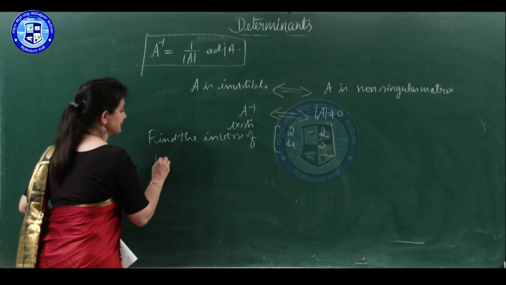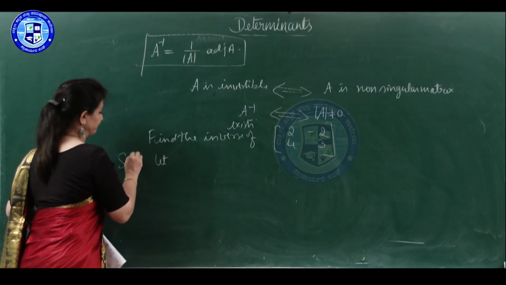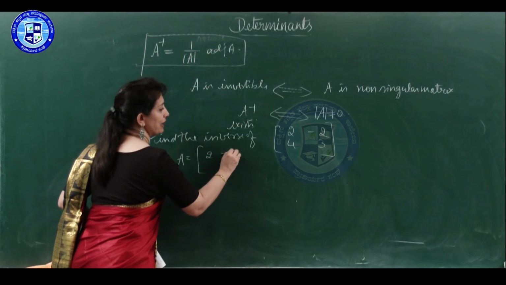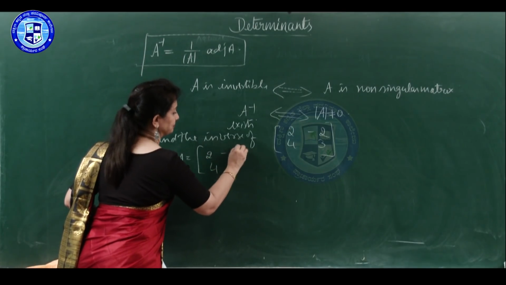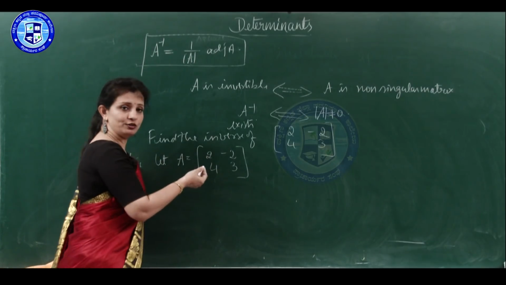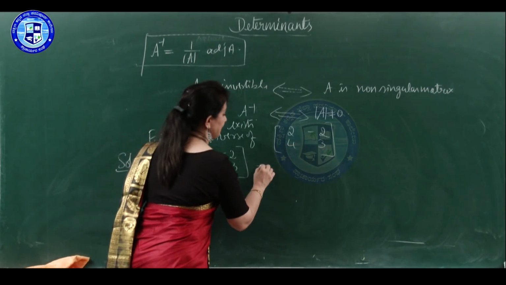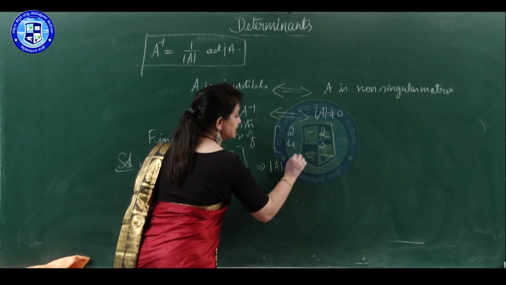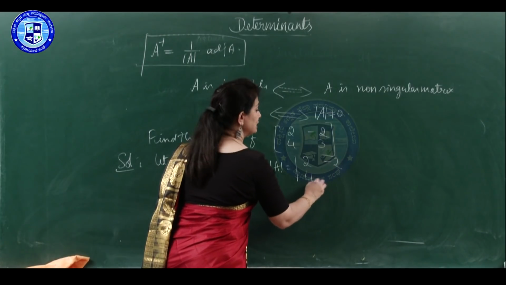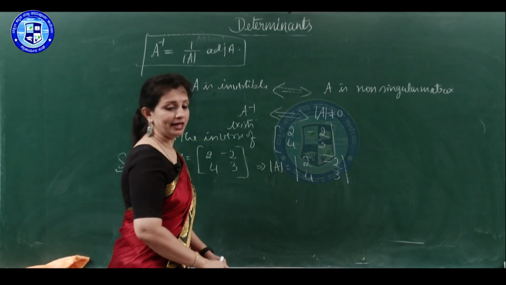So, first, let us consider the solution. Let A be the given square matrix 2, -2, 4, 3. Now we can find determinant A. Determinant A equals the determinant of 2, -2, 4, 3. Cross multiply.